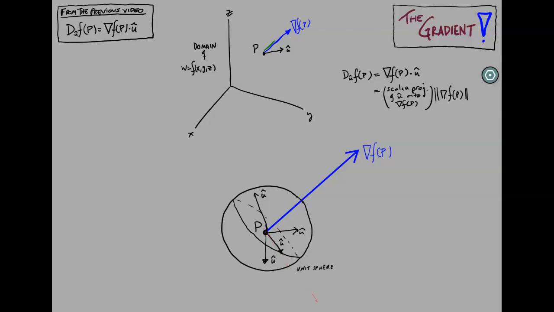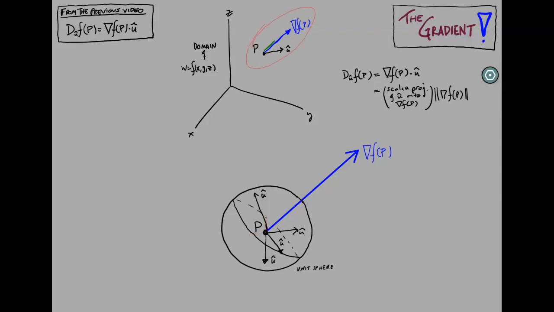Well, in that case, my unit vector is at a right angle to my gradient vector, which means that its scalar projection onto the gradient vector is 0. And then the product of these two numbers would be 0, which means the directional derivative in that direction would be 0, as it would be in, say, that direction, or this direction, or this direction, any direction that actually is at right angles to the gradient.